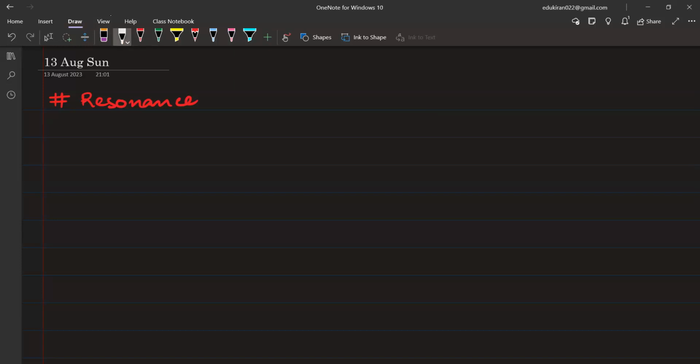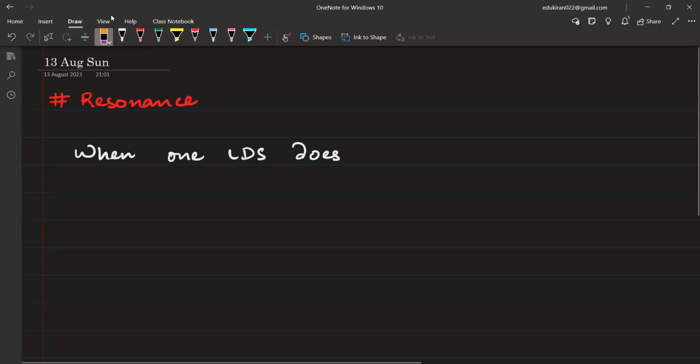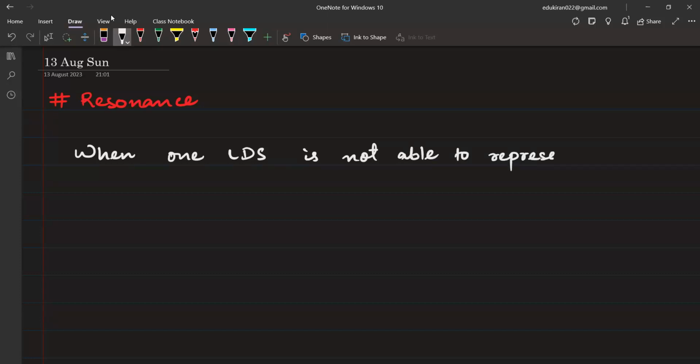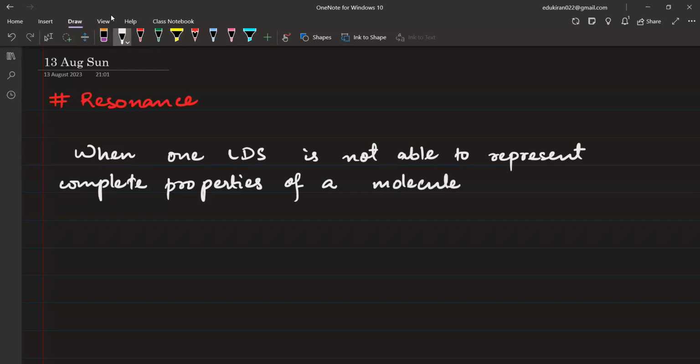But the basic part that you have to understand here is, please write, when one Lewis dot structure is not able to represent the complete properties of a molecule, then its resonance structure is drawn.